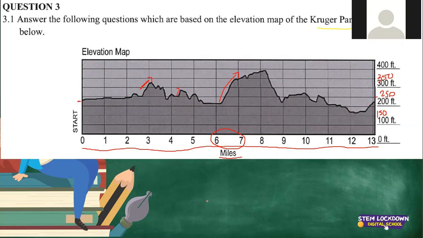Remember, sometimes you can run and come back to your starting place, right? So in this case, this is not the case because the altitude is not the same. Here it's close to 250, right? Here it is close to 200, right? So it's not the same, right?